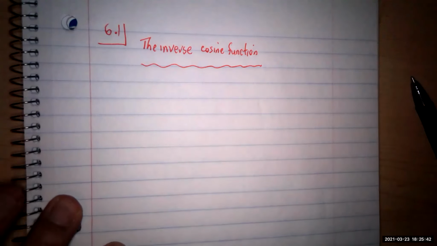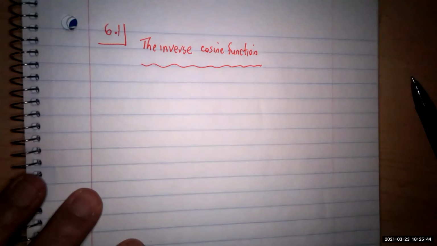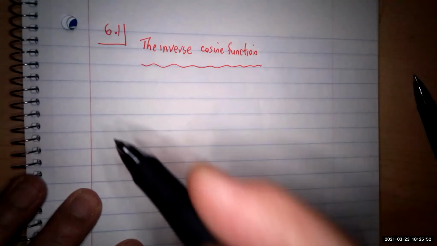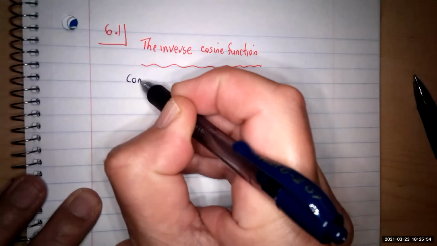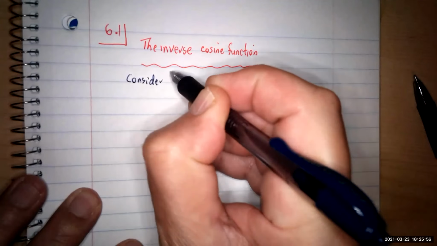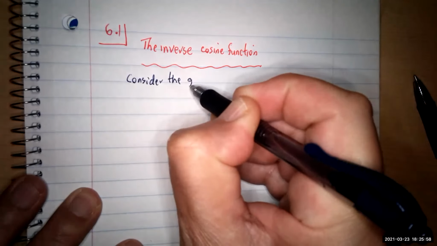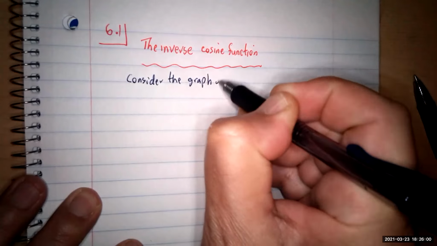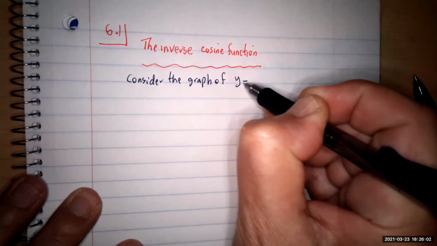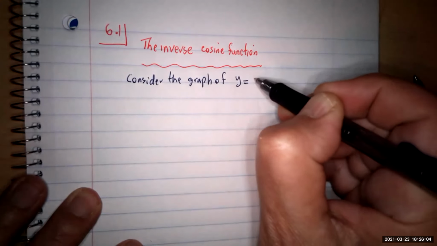We talked about it in detail for the sine. So I just briefly tell you, consider the graph of a cosine to find out if it does have any inverse. So again, consider the graph of y equal to cosine x.